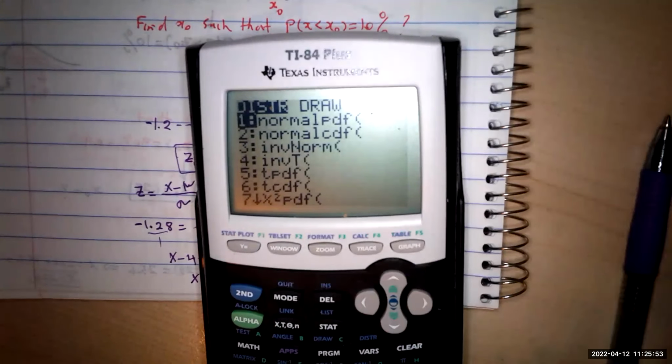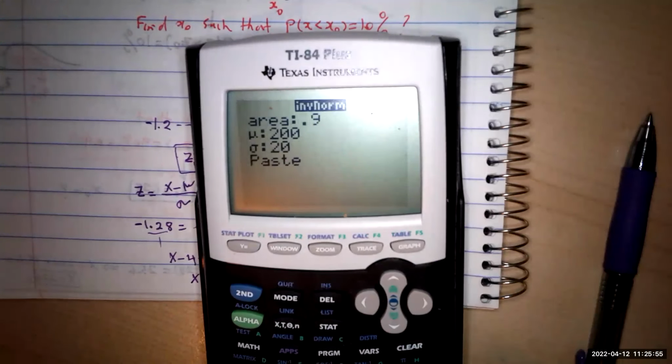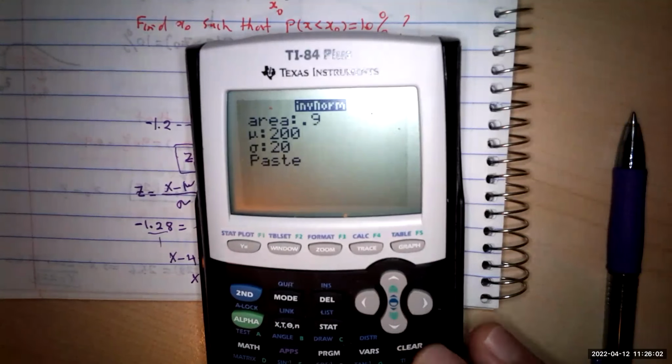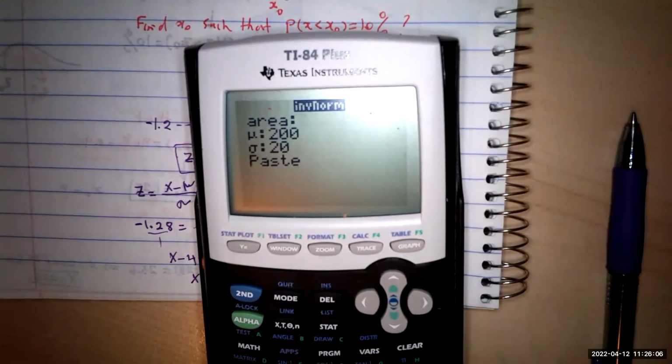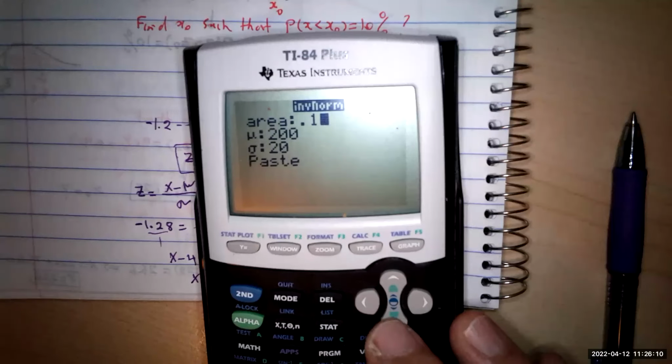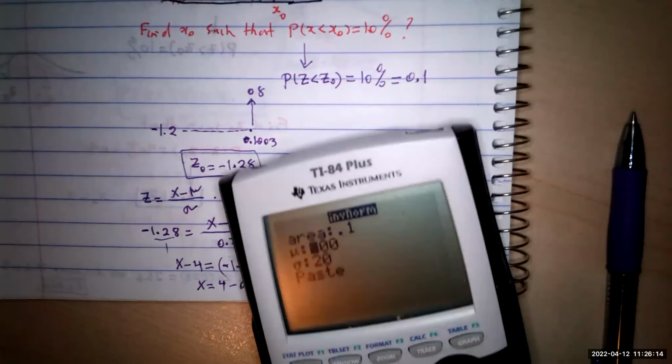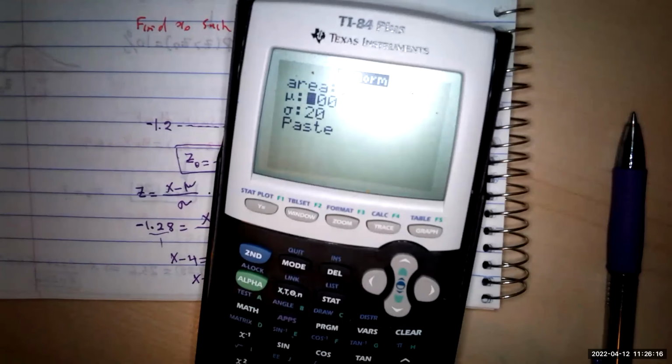So the area you are looking for is 10% this time, which is 0.1. Then the mean is 4, and your standard deviation is 0.78.